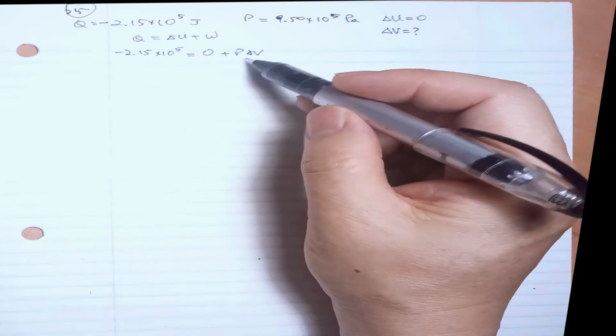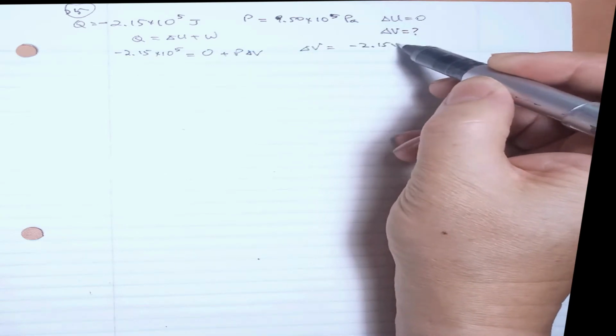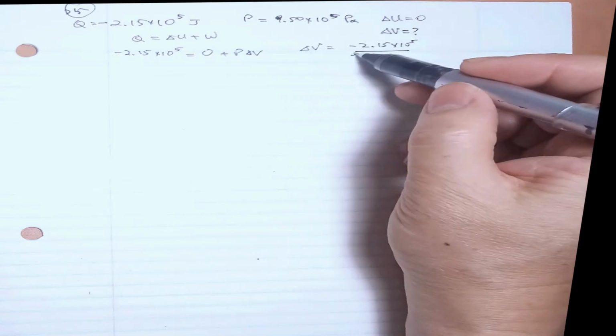So the change in volume would just be this divided by P. So negative 2.5 times 10 to the 5th divided by the pressure, which is 9.5 times 10 to the 5th. So 2.5 divided by 9.5, so then negative 0.26 cubic meters.